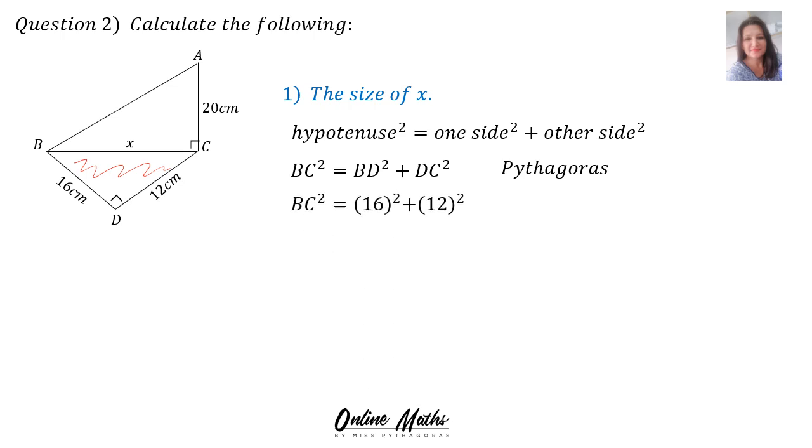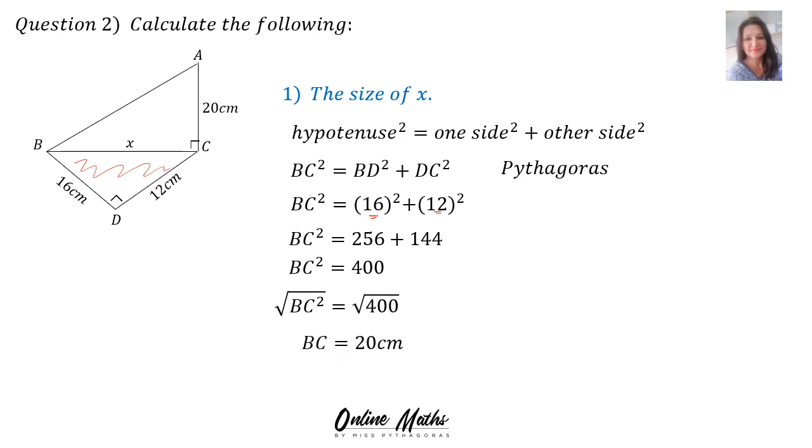BC squared equals BD was given that it's 16, so 16 squared, plus DC is given that it was 12, 12 squared. 16 squared will be 16 times 16, which is 256, plus 12 squared is 12 times 12, which is 144. 256 plus 144 is equal to 400, and then we can take the square root both sides, and we end with BC is equal to 20.